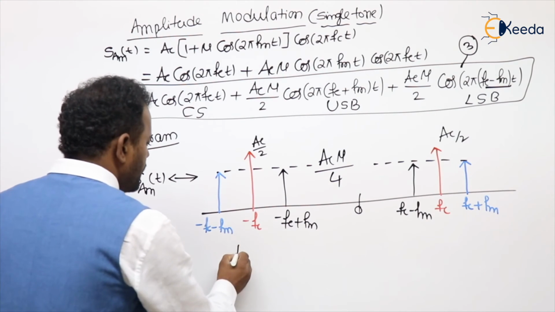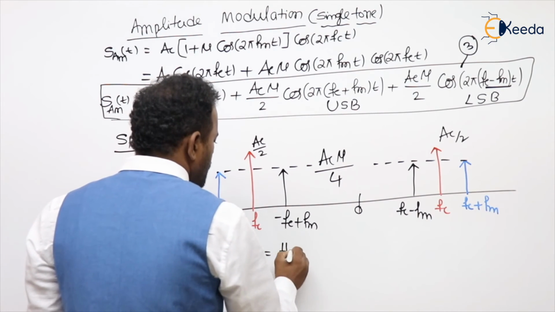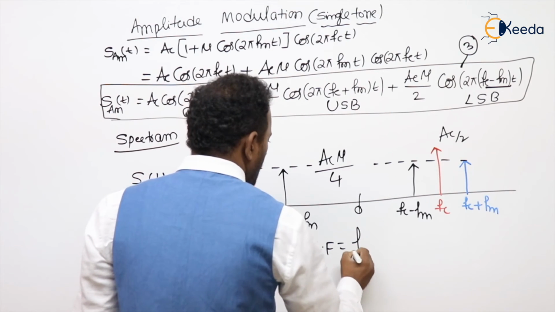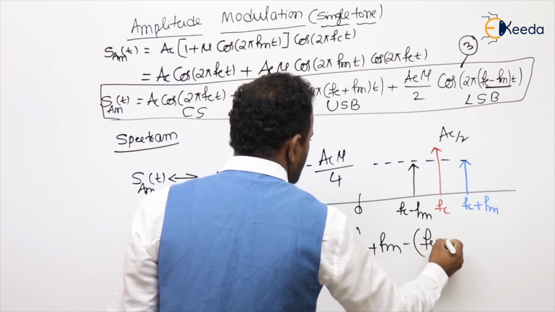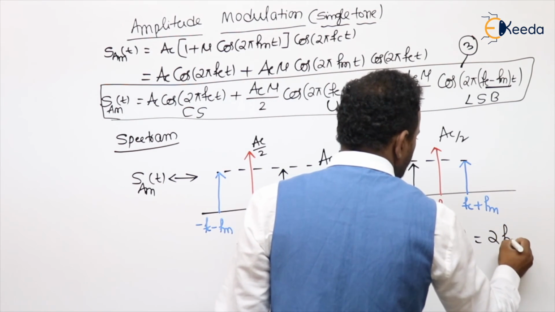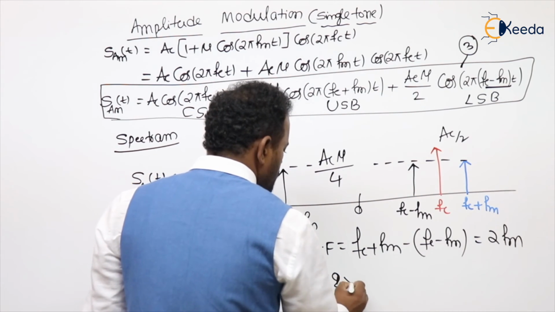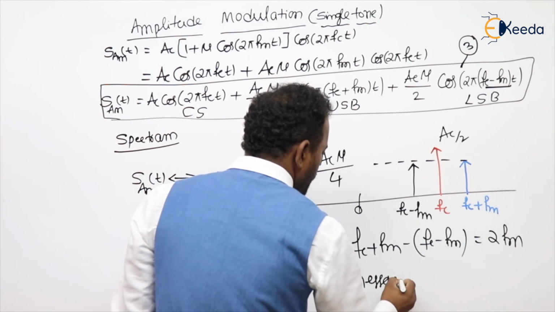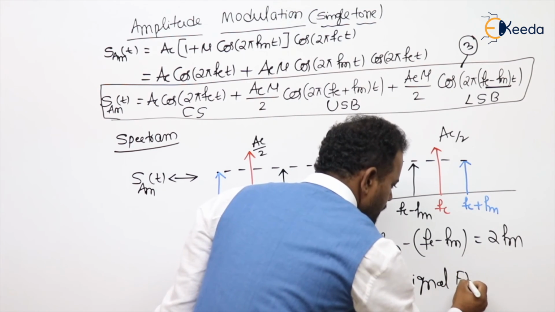Then, what is the bandwidth? Bandwidth is nothing but the highest frequency component minus the lowest on the positive side. Highest is f_c plus f_m, minus lowest f_c minus f_m. Then how much will you get? 2 f_m. f_m is the message signal frequency, so you can say 2 times the message signal frequency.